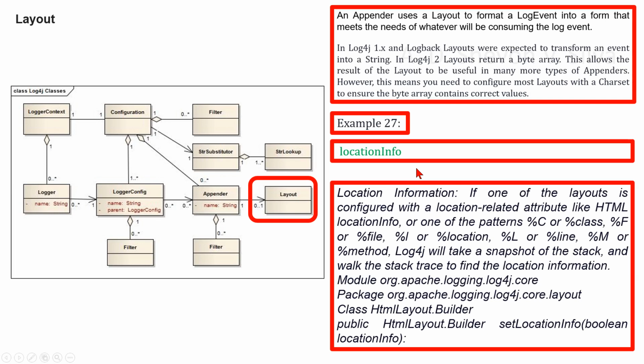The performance impact of taking a stack trace snapshot is even higher for asynchronous loggers. Loggers with location are 30 to 100 times slower than without location. For this reason, asynchronous loggers and asynchronous appenders do not include location information by default. You can override the default behavior in your logger or asynchronous appender configuration by specifying includeLocation equal true.